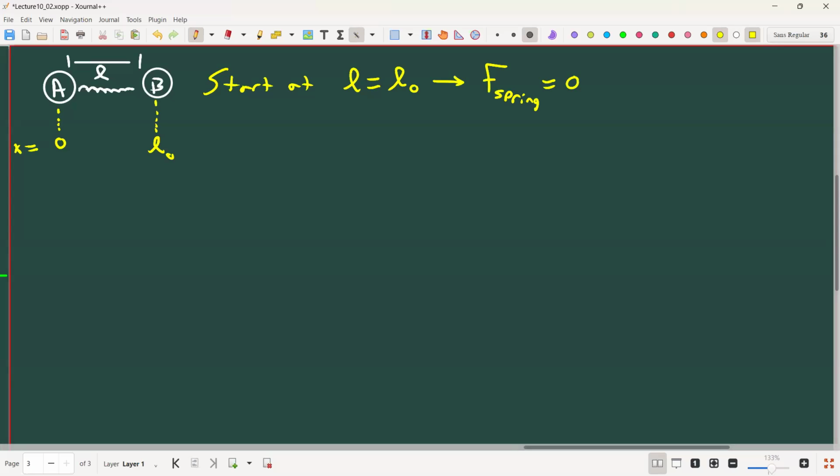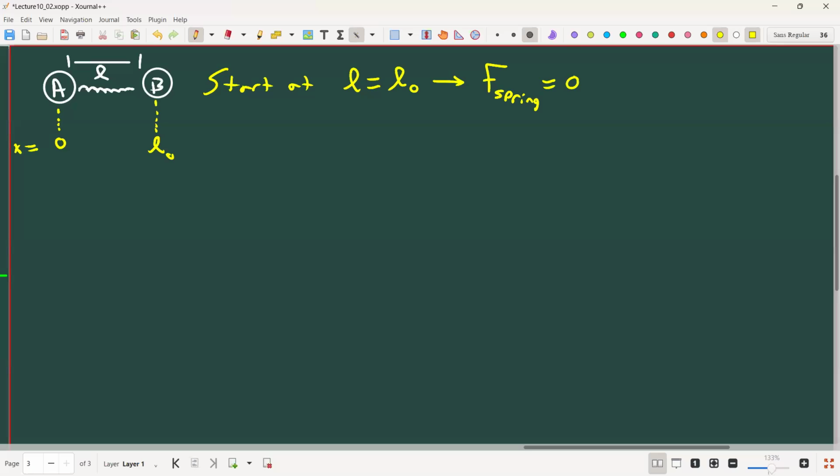Right, and what I'm going to assume now is that as I stretch it, the restoring force is linear in the displacement. So if I double the length of the spring, the returning force of the spring is twice as much as it would be if I were at the original length. So let me start over again, so it's clear.